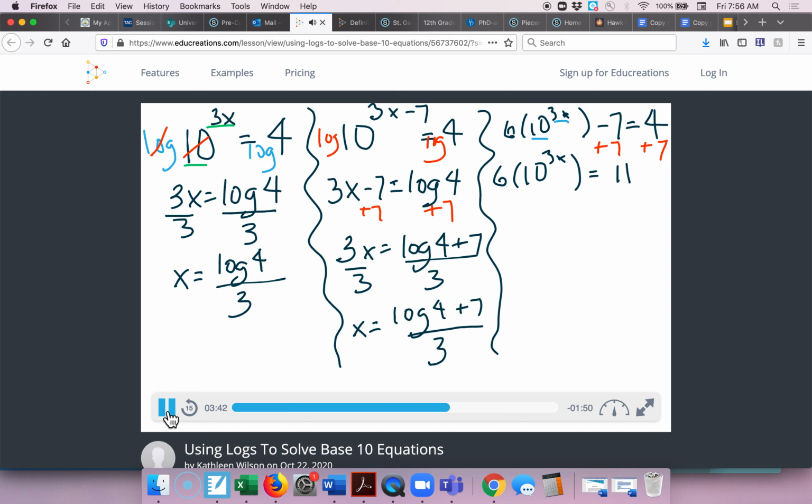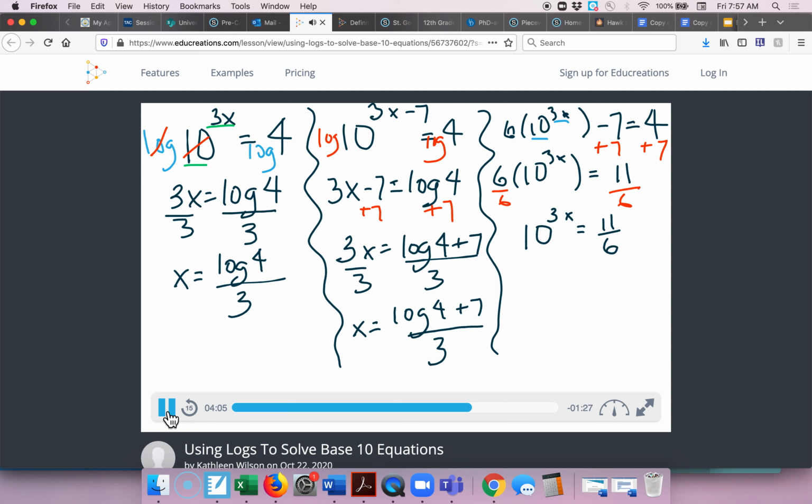Again, I can't use a log until I get rid of the 6. I need to have just the base and the exponent. So we need to get rid of the 6. This is 6 times 10 to the 3x power. So since it's being multiplied, we'll divide by 6. Okay, so now I get 10 to the 3x power equals 11/6.